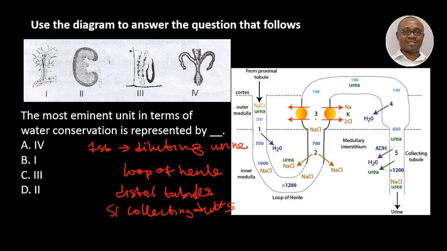Once the diluted urine enters the distal tubule, water is reabsorbed without sodium chloride, creating a concentrated urine. Okay, good. So the answer option II, kidney, that is answer option D, is the right answer.